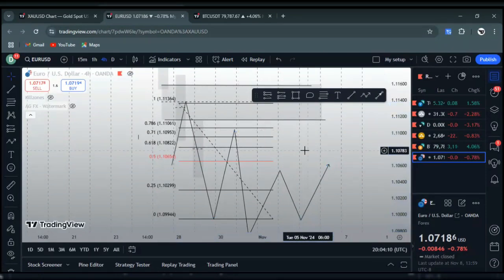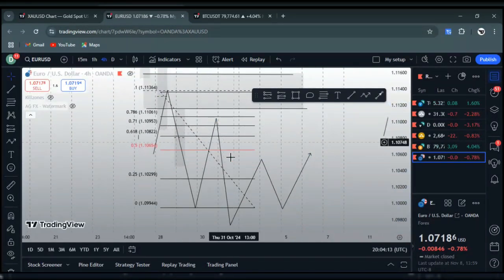So this is just how it works. When we go to the more advanced class, we are going to understand it better.